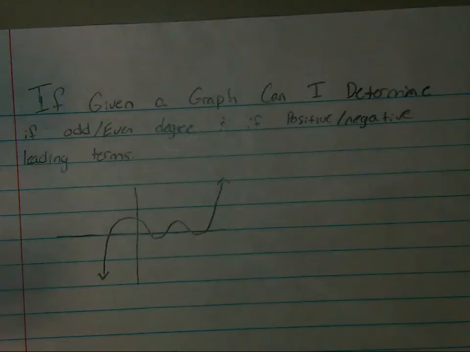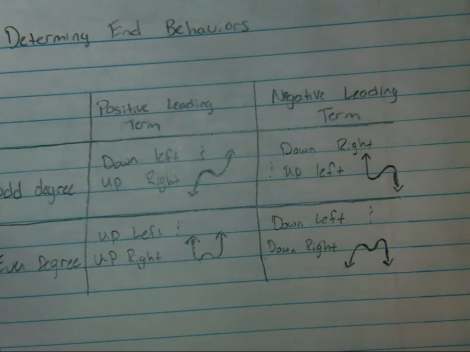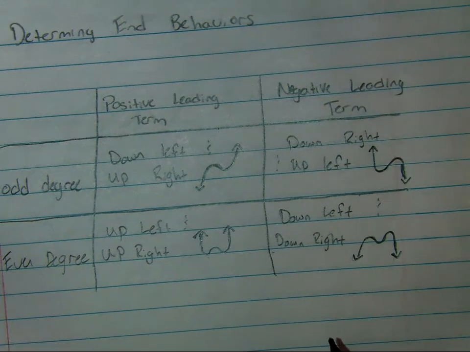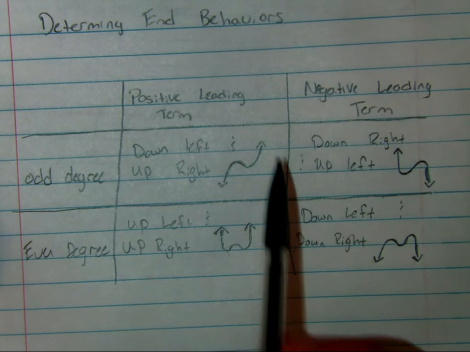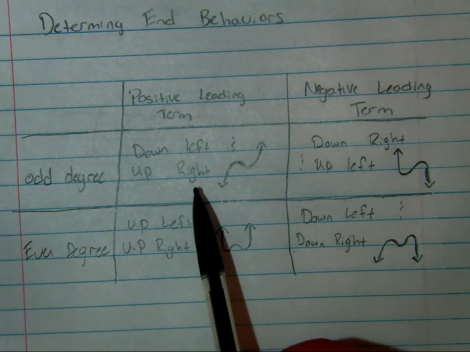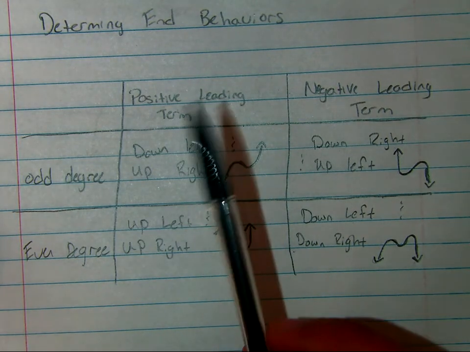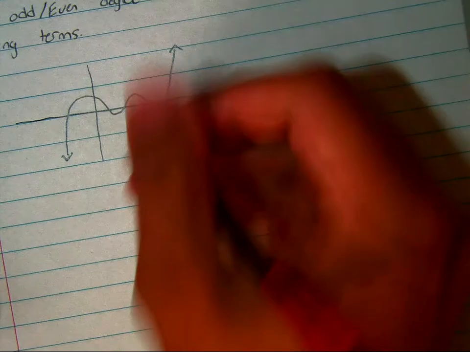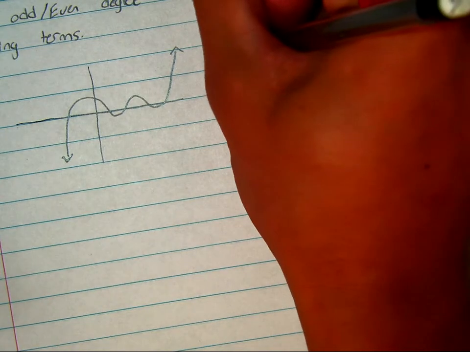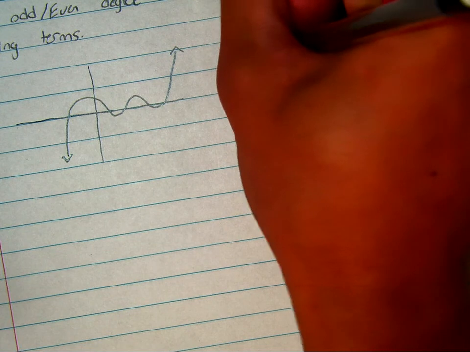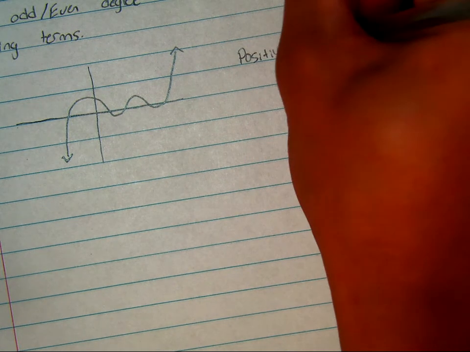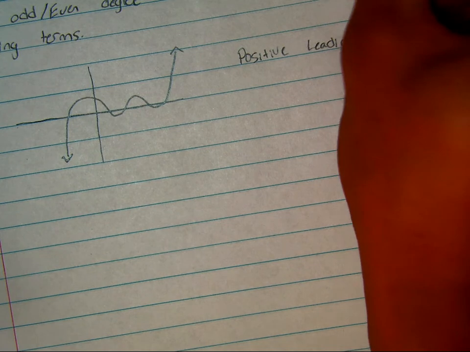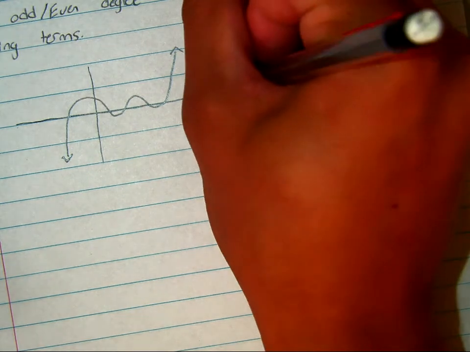So if I look here, it's down left, up right. If I go back to my table and look for the one that's down left, up right, I see this right here. So I can say that has to be a positive leading term and an odd degree. So I can come back here and say, this has a positive leading term, and we know that it's an odd degree.